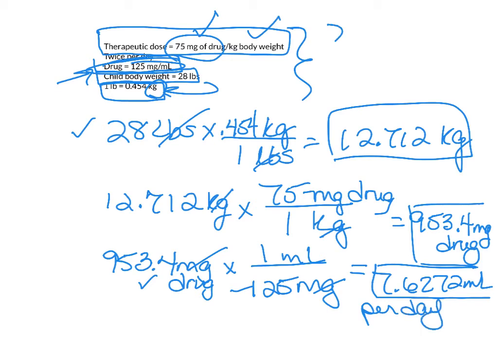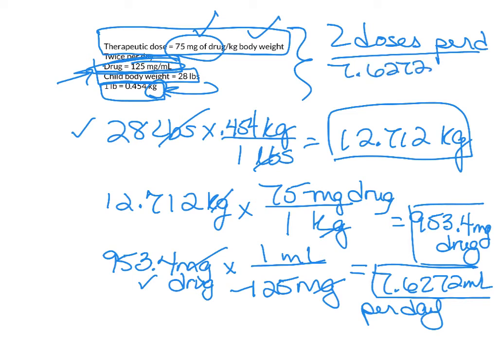But since there are 2 doses per day, that means each dose should be half of the total dose for the day. And so if you divide that by 2, you get 3.8136 milliliters per dose.